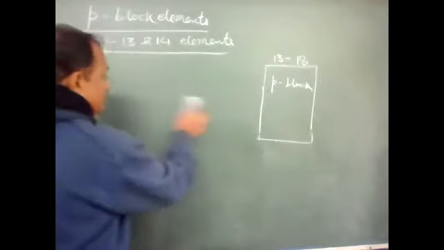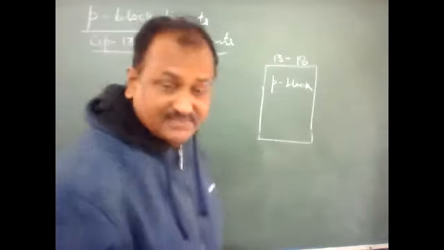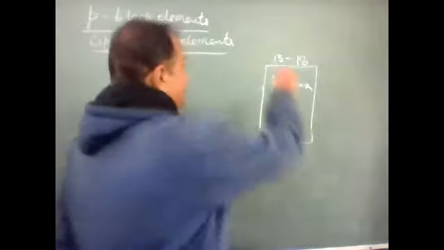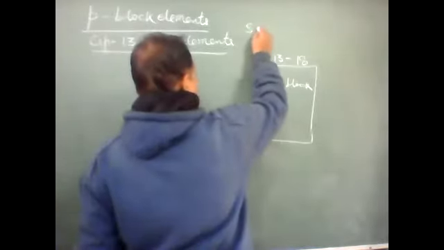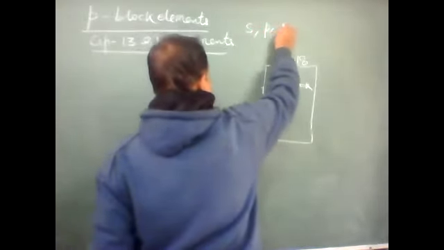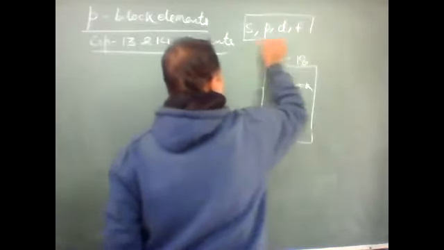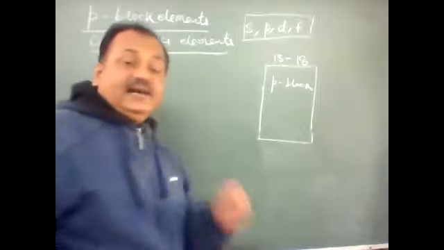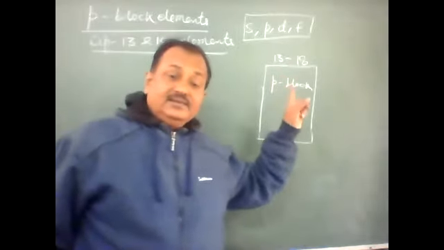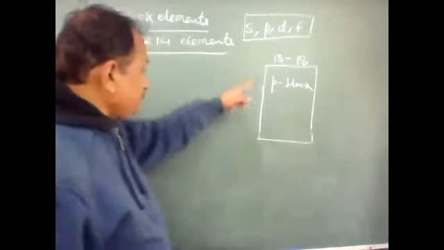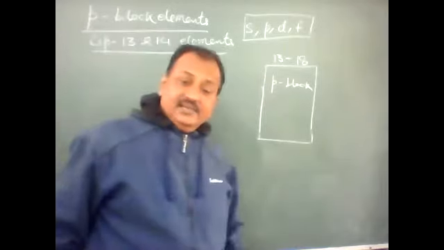You have seen the s orbital, the p orbital, d orbital, and f orbitals. So the orbitals are represented by small letters.